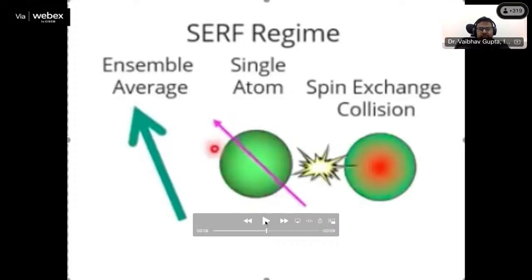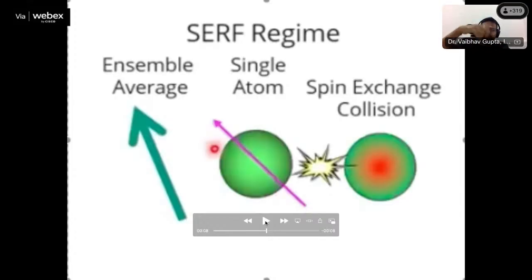Because of that, the total spin cannot really move in the other direction. As soon as it tries to go in the other direction, the collision happens and then it quickly comes back to the previous direction and then again hits back and tries to go here. Then again the collision happens and it comes back.